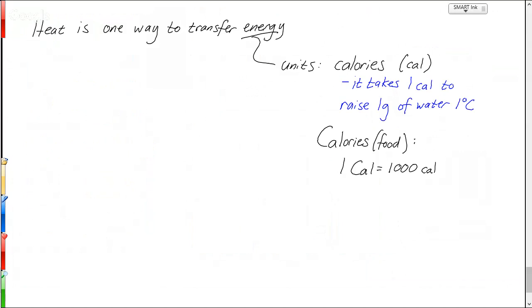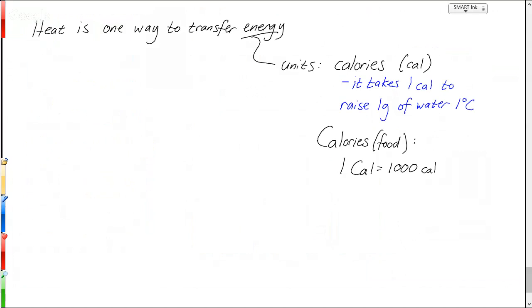It's extra confusing because C is one of those letters that looks the same capital or lowercase, so you could really be off by 1,000 by just making your letter too big or too small, which is dumb. So if you're running on the treadmill and it's giving you the number of calories you're burning, it's the big C calories.